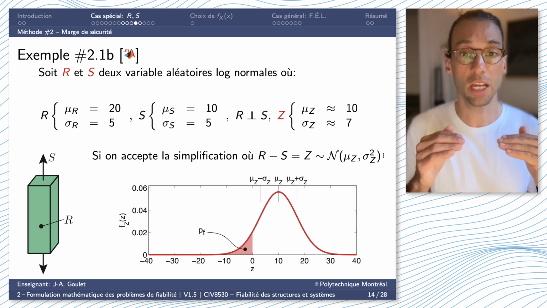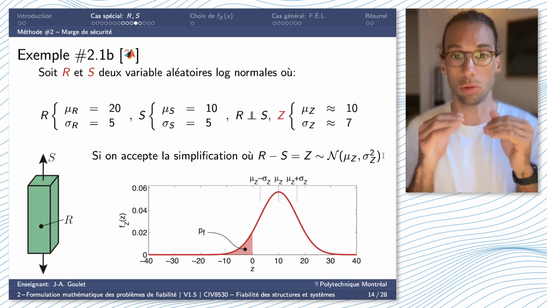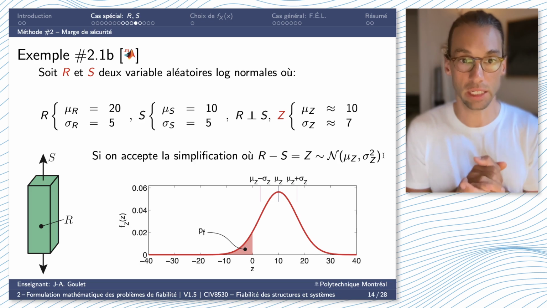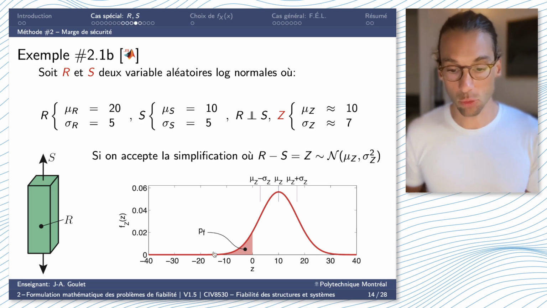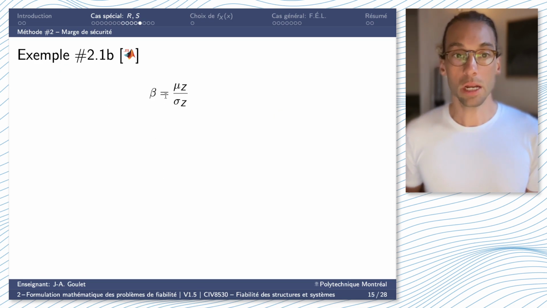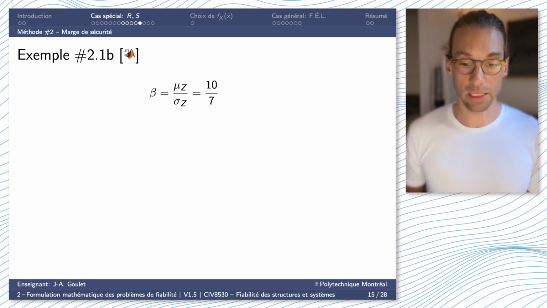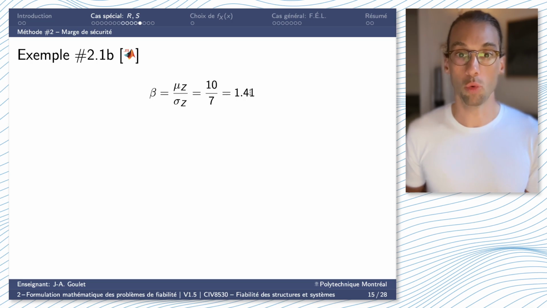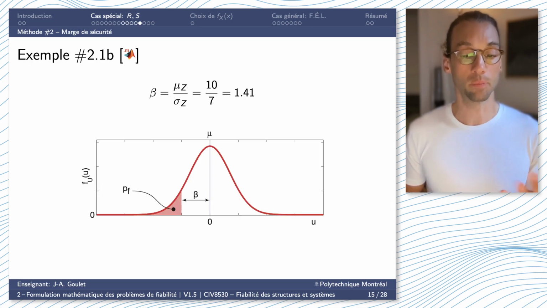We're making a simplification because we cannot directly subtract log normals, just for the sake of this example. So that would be mu z plus and minus sigma z, and pf is the area under the curve. We saw that beta is mu z divided by sigma z. So we compute 10 and 7, divide the two, and get 1.41. That would be our beta.